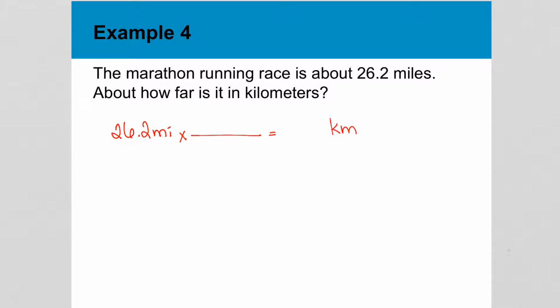And there is a conversion for this in your book or on your conversion sheet. 1 mile is equal to 1.6093 kilometers. Miles needs to go on the bottom so that they cancel out. So 1.6093 kilometers is on the top, and we just need to multiply that by 26.2. We get 42.2 kilometers.